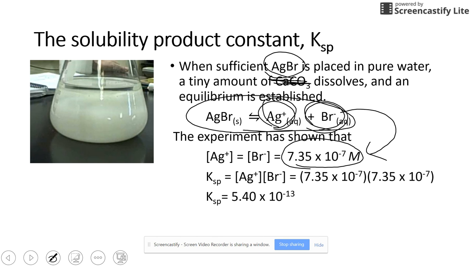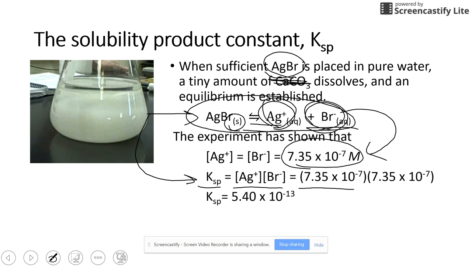Based on this chemical equilibrium, if you want to write the chemical equilibrium expression, you will have the product of the two ions divided by the concentration of the reactant, but the reactant is solid, so it does not show up in the expression. So the Ksp, the solubility product constant, will be equal to the concentration of the two ions multiplied.